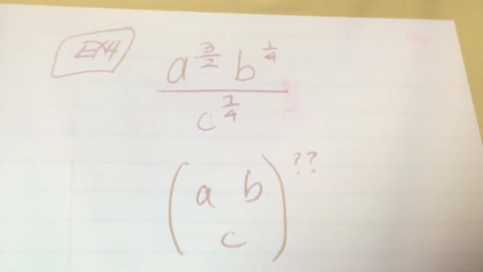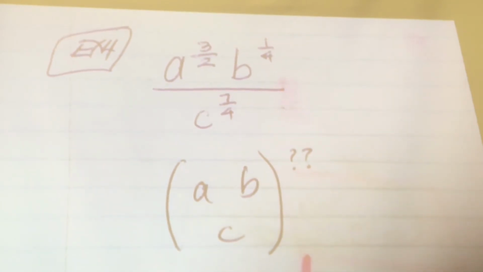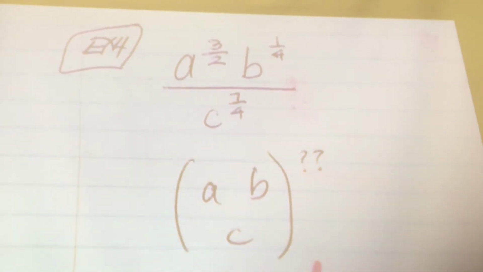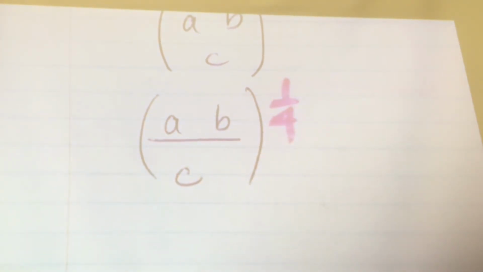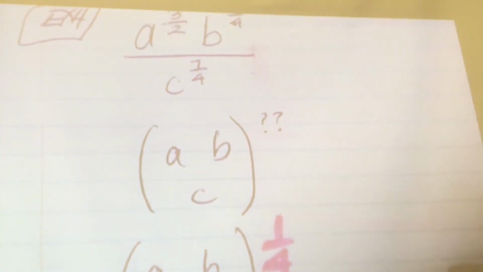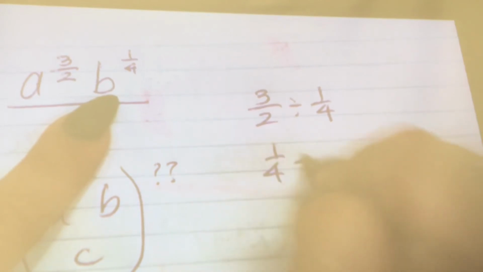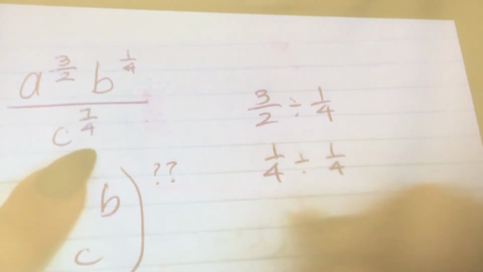So this outside was 1/4. That means I need to take whatever I had and divide it by 1/4. So on my calculator, what I'm going to be doing is 3/2 divided by 1/4, 1/4 divided by 1/4, and then 7/4 divided by 1/4.